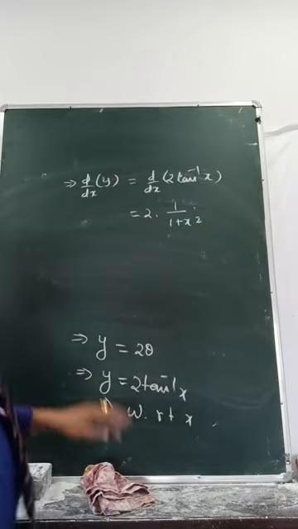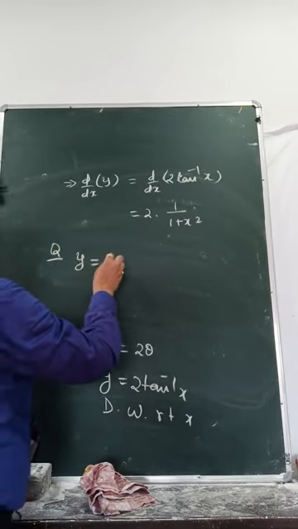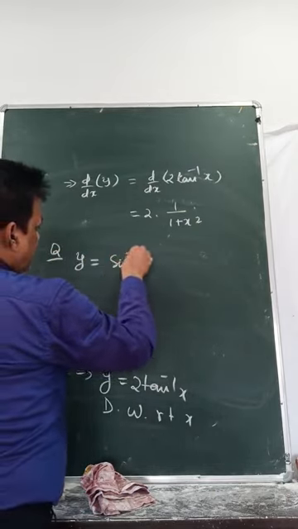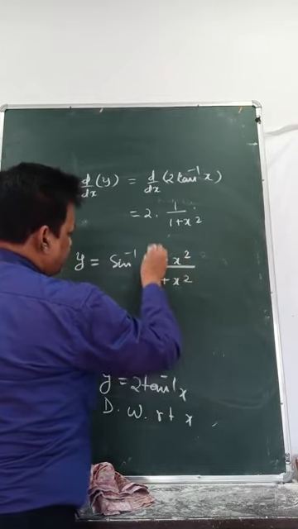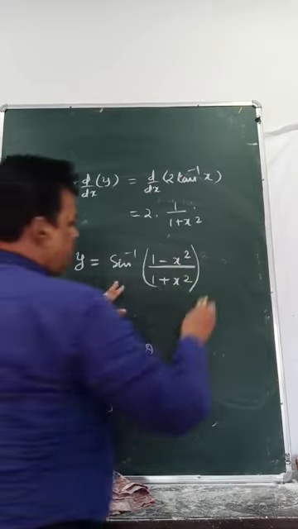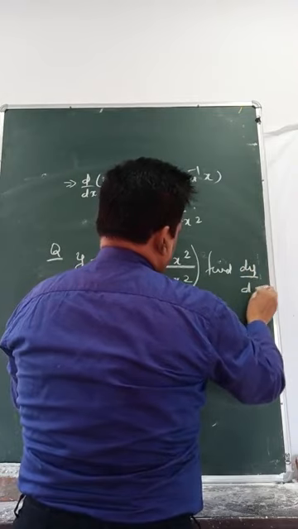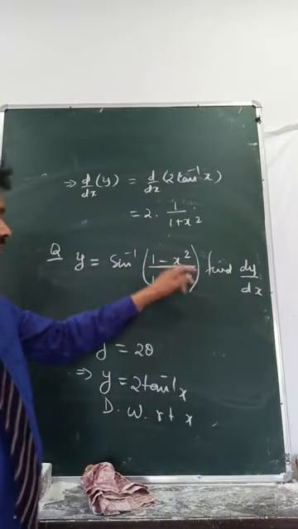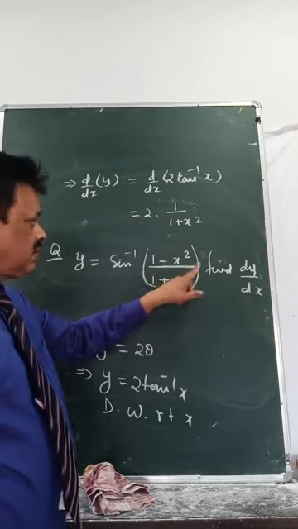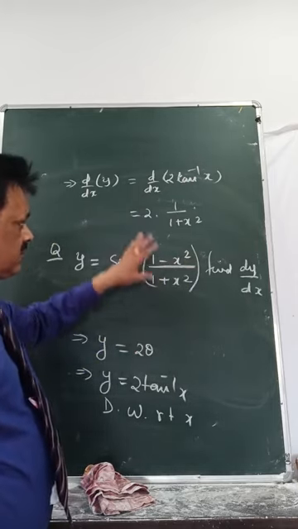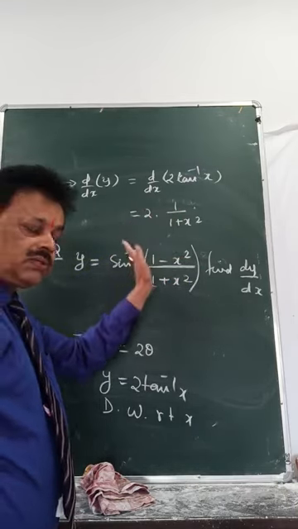But the same question may be asked in this manner: y equals sin inverse of 1 minus x square by 1 plus x square. Find dy by dx. This is actually the formula of cos, not of sine. So in this case, first we write it in terms of cos, then convert cos to sine.